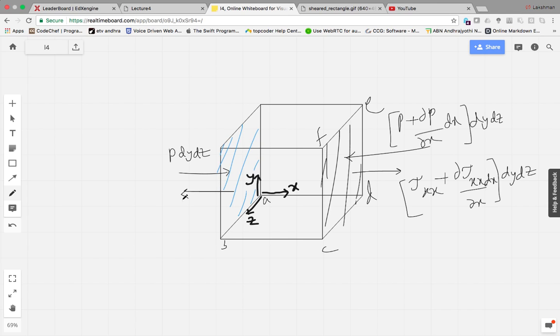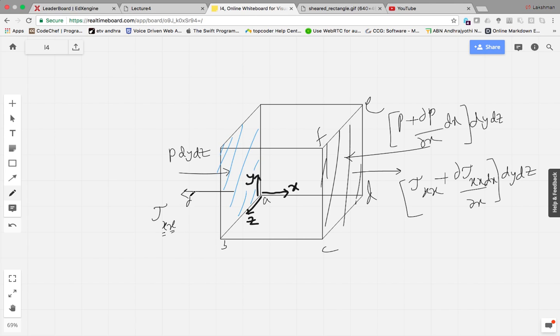That's why the normal stress force is acting to the left side, and the value is tau xx, and you know this convention again. The normal vector of this particular plane is along the x direction, that's why you have x, and the force is acting in the x direction, so that's why you have another x here.